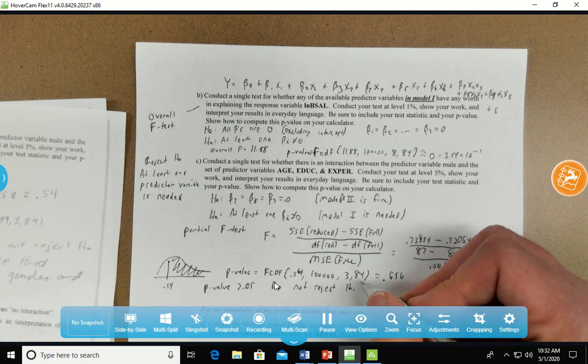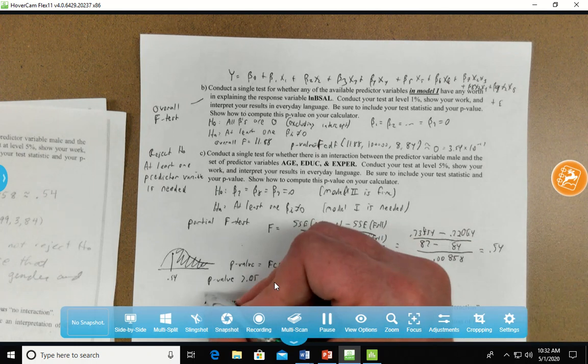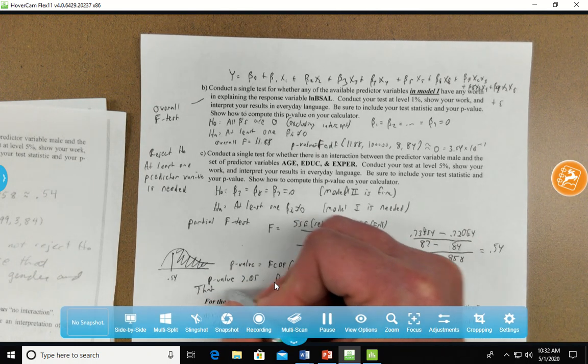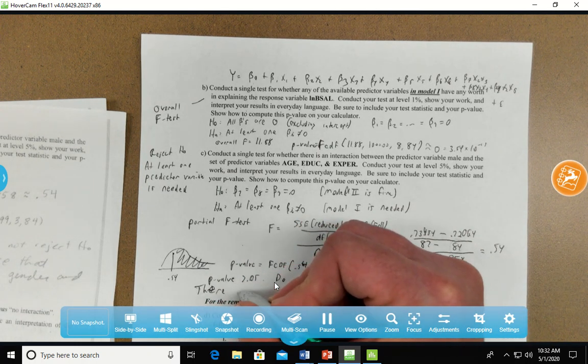Now we need to put it in stat language, or rather, put it in language we can use.